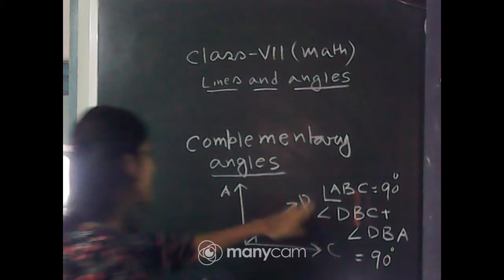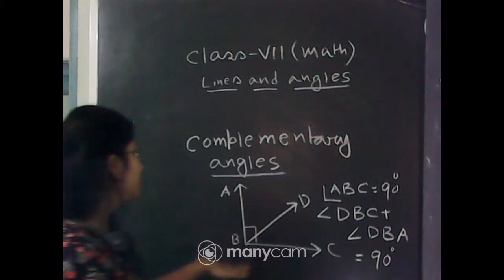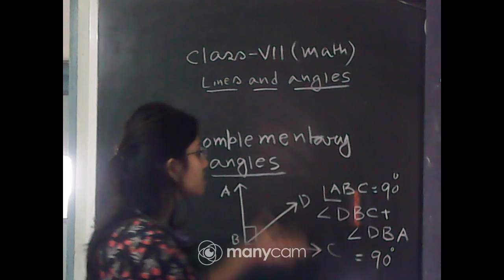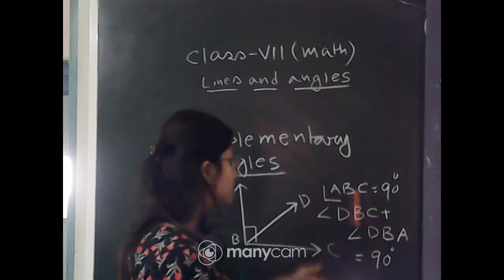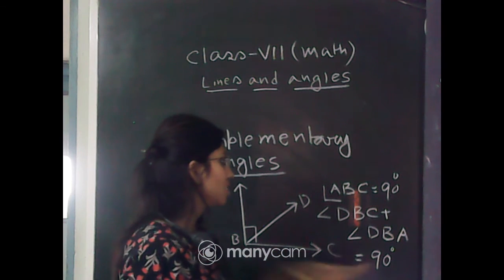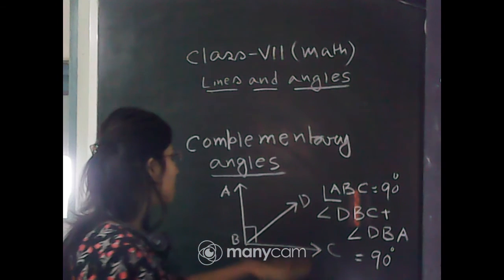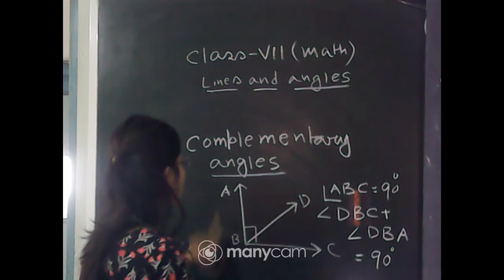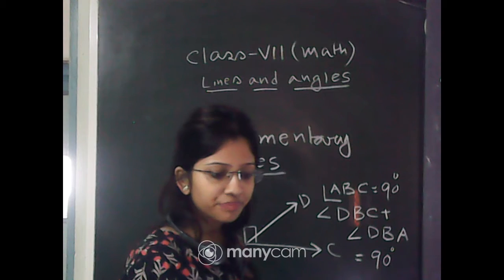Therefore, the angles DBC and DBA are complementary angles because the sum of the measures of these two angles is 90 degree. Also, angle DBC is called the complement angle of the angle ABD.